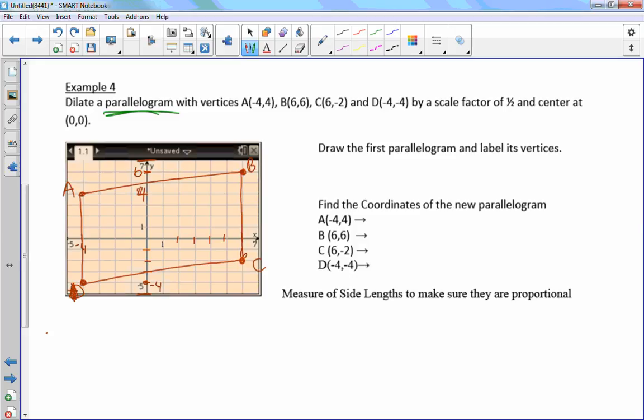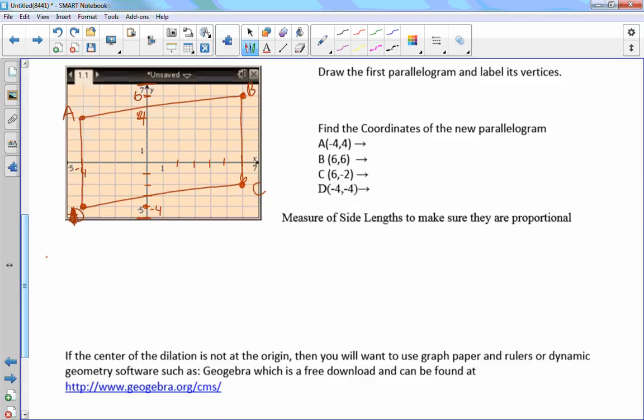Now, they want to give a scale factor of 1/2. Does that mean it's going to grow or is it going to shrink? It'll be shrinking. Before I get too far into it, let's think about the area. If the scale factor is 1/2, and we use scale factor squared, what is 1/2 squared?